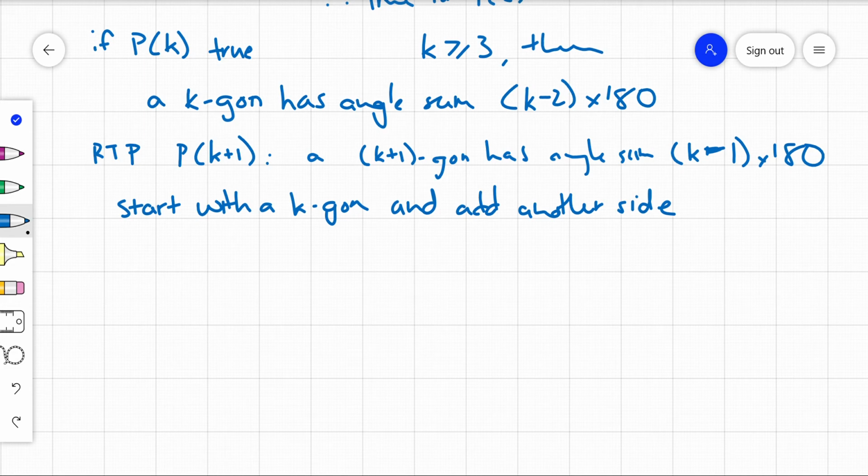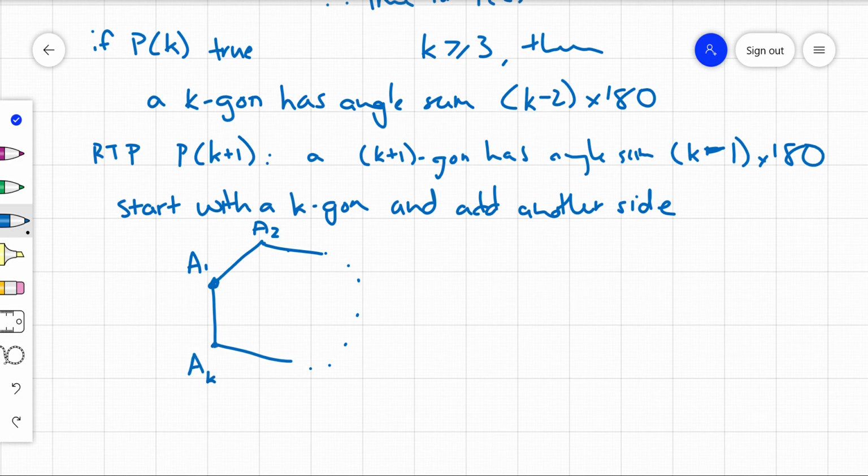We don't really know how this is going to look because it goes on and on, but say I had something like that, and this could be A1, this is A2, and the last one, if I go around, would be AK.